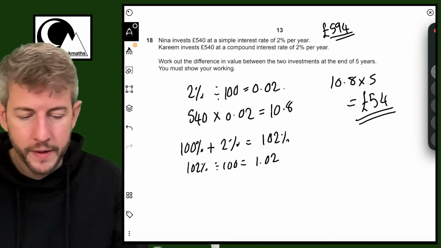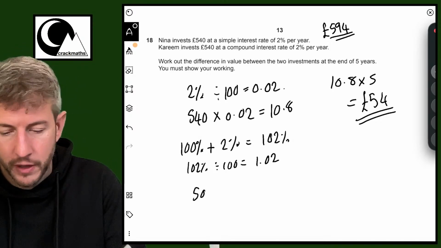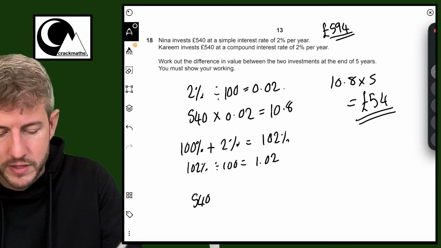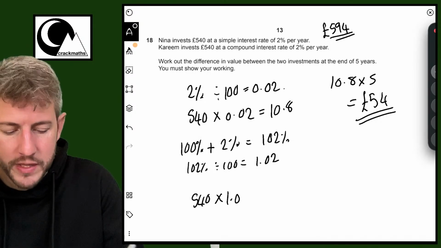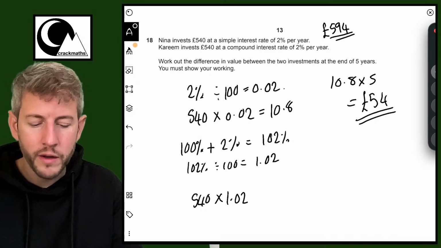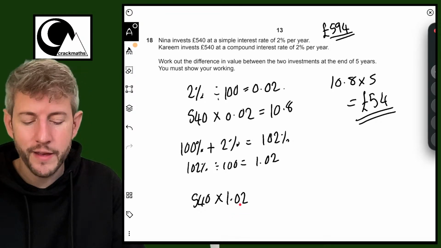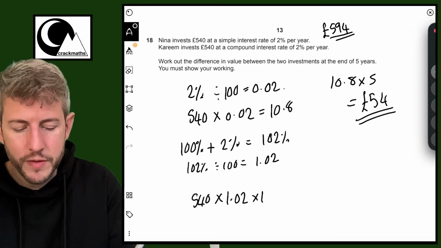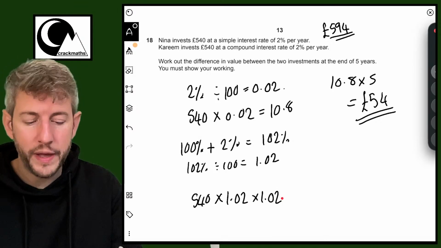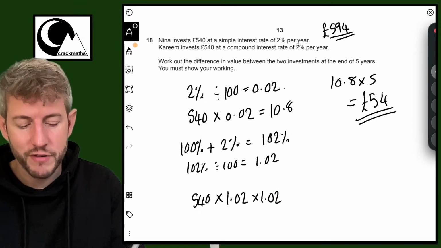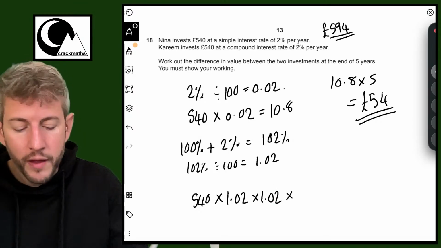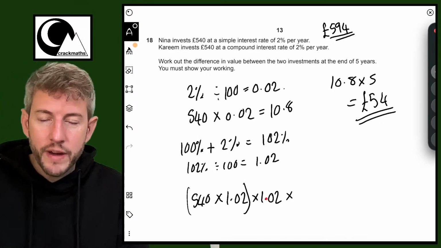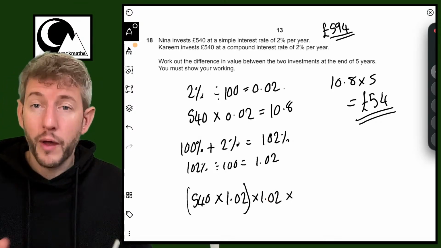So what we can do here is think about £540. If we times that by 1.02, if we do that once, that will increase it by 2% for 1 year. And then if we do this again, that will be increasing it by 2% for a second year. But when we times it by this again, we're increasing this new value here by the 2%.